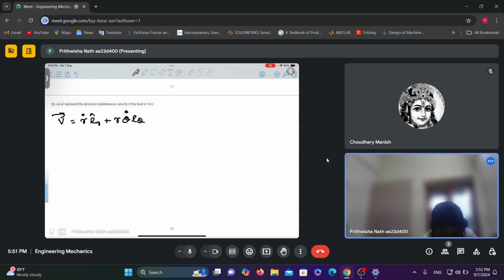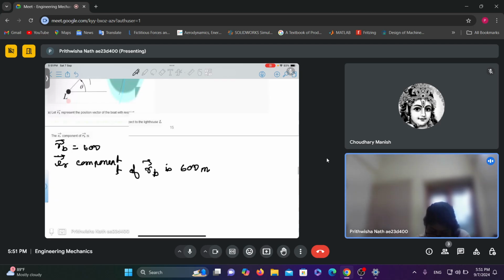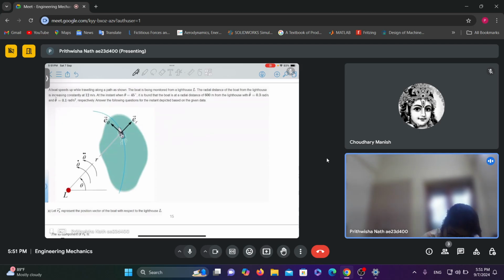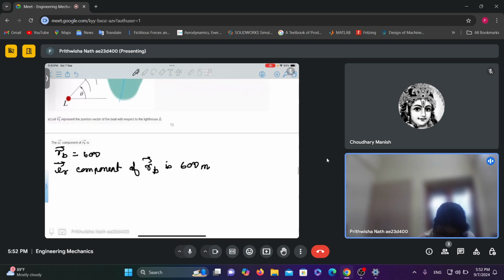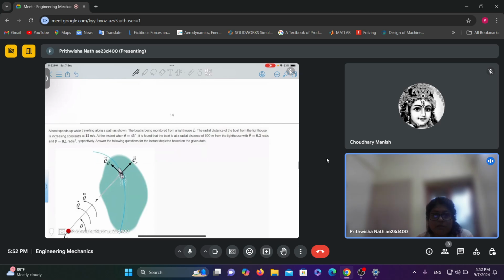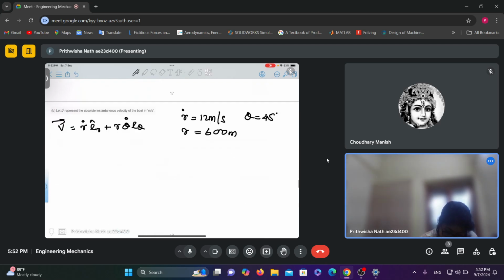Now we know from the given question, R dot is given as 12 meters per second, right? Theta is 45 degrees, R is 600 and theta dot is 0.3 radians per second.